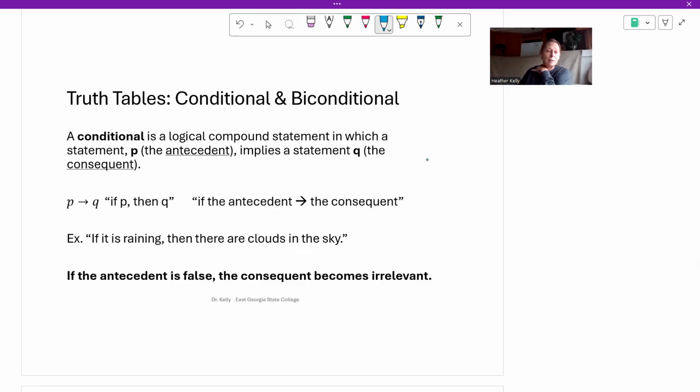So the P with an arrow to Q is the symbol saying if P, then Q. In other words, if the antecedent, then the consequent. So if it is raining, then there are clouds in the sky. Makes sense, right? P is raining and Q is clouds in the sky.